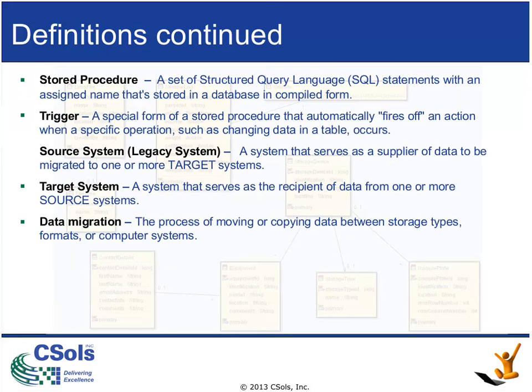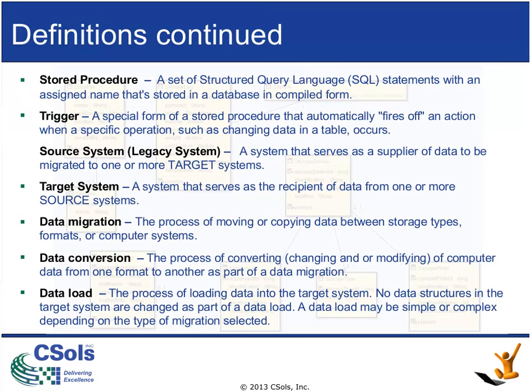Another couple of very important concepts when you're considering data migration are stored procedures and triggers. A stored procedure is really some SQL statements stored within the database, which performs a specific function when activated. A trigger is a special form of a stored procedure that automatically fires off when an action is made on the database.